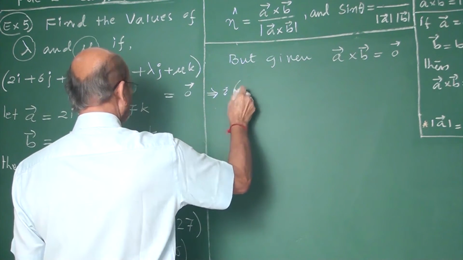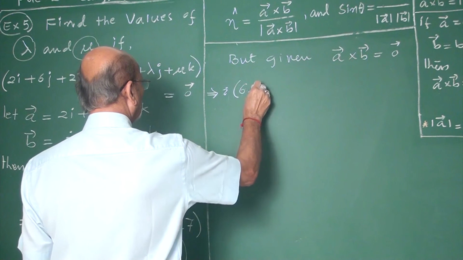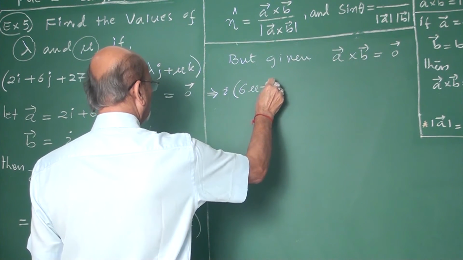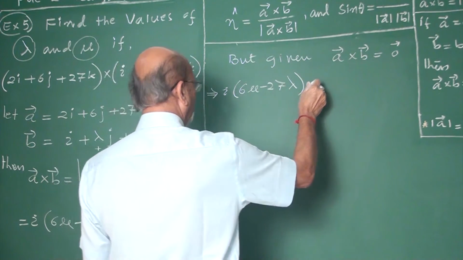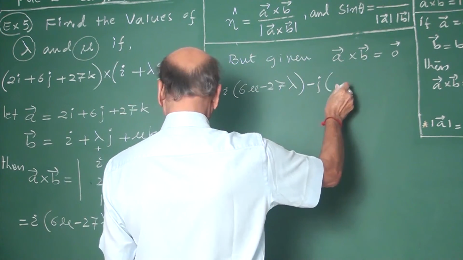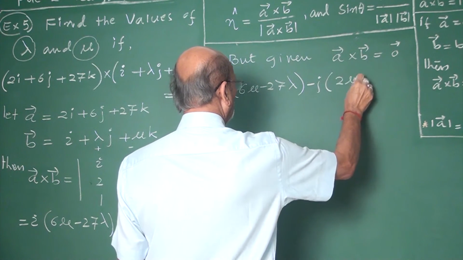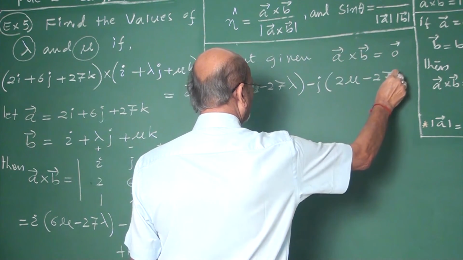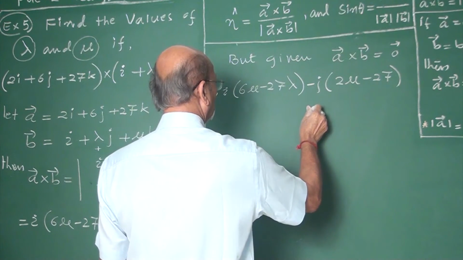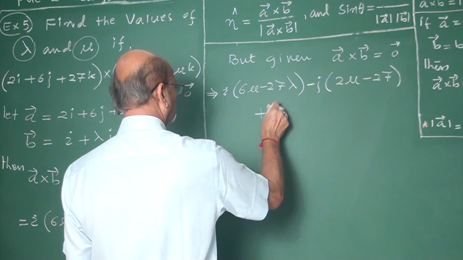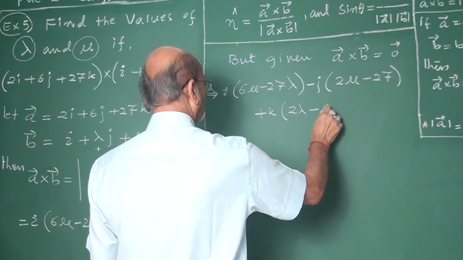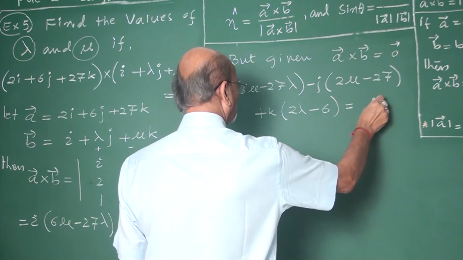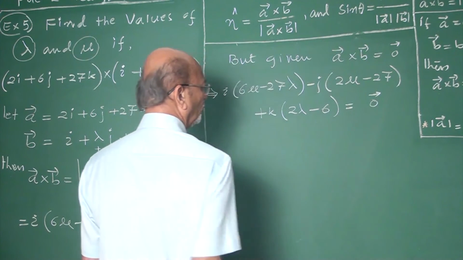It is i into 6 mu minus 27 lambda, minus j into 2 mu minus 27, plus k into 2 lambda minus 6, equal to the zero vector.